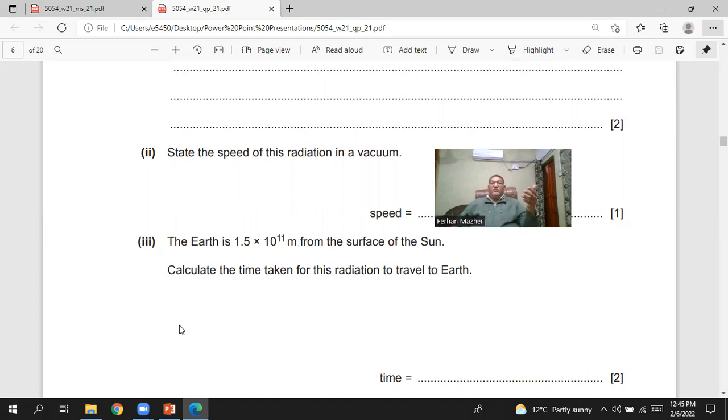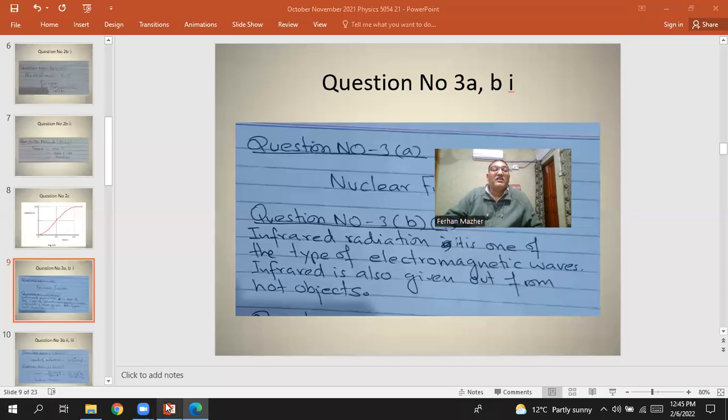So the formula of the speed is distance divided by time. And if you want to find out the time taken, the formula will be distance divided by speed. Let me show you my solution.